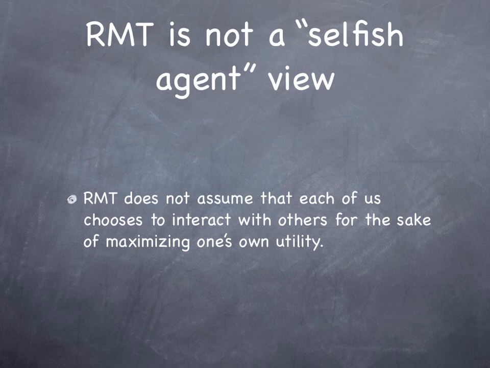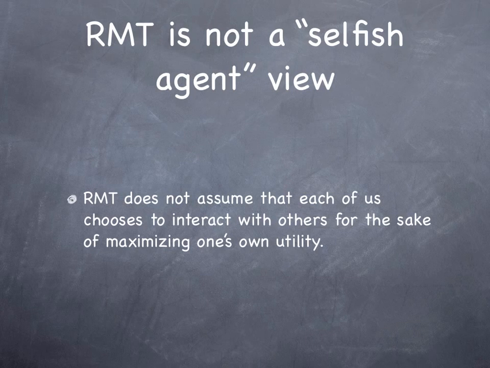Now the classic view of social cognition, namely that it is theory of mind, mind reading, is consistent with the selfish agent view. On that sort of view, one wants to maximize one's own individual utility, and one reads minds, so to speak. One infers the mental states of others in order to calculate how best to use others for one's own ends.